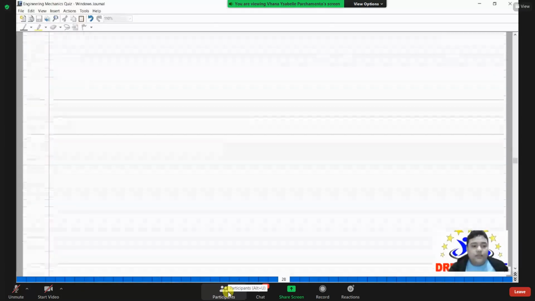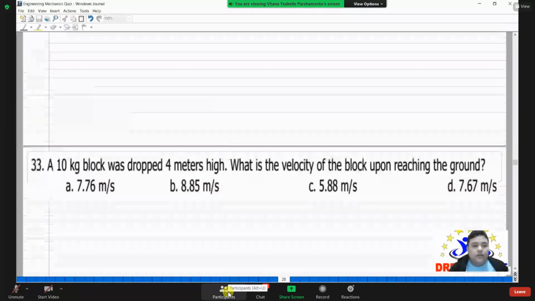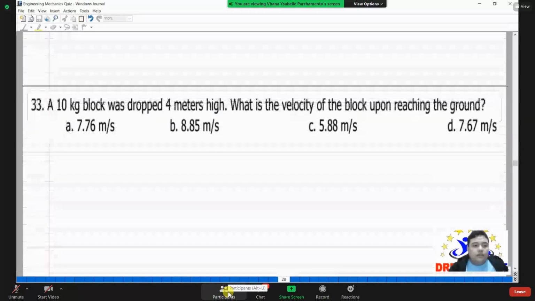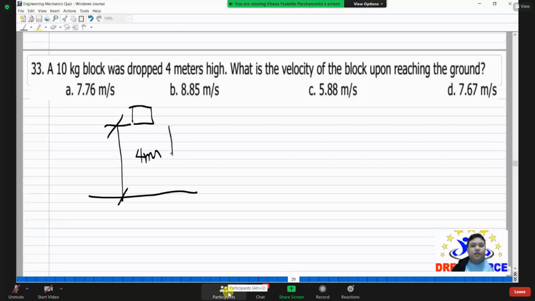Okay. Next. Number 33. A 10 kilogram block was dropped 4 meters high. So, nandito yung block natin, tapos ito yung level ground, and this is 4 meters. Yung kanyang velocity pababa. What is the velocity upon reaching the ground?